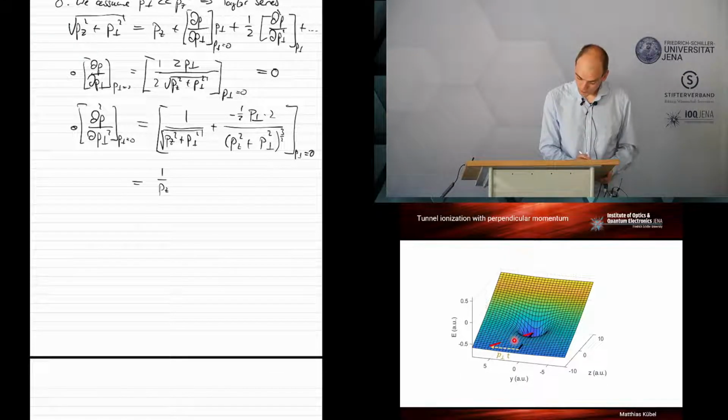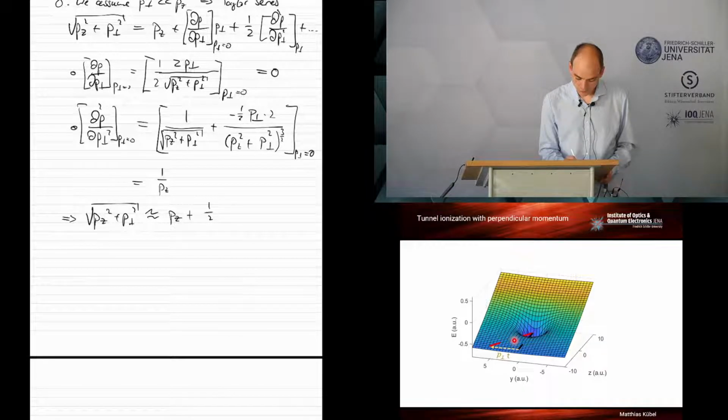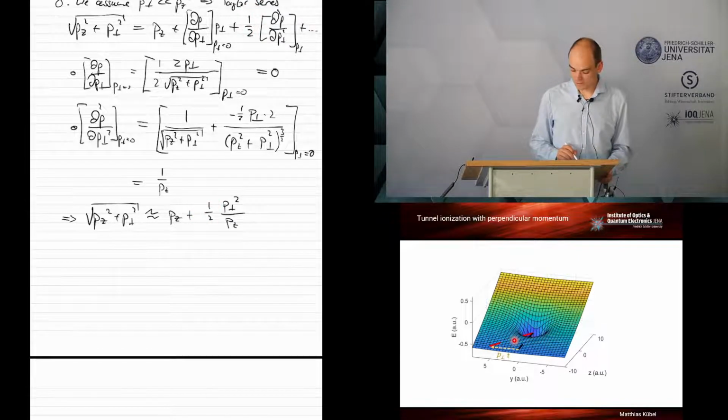So we find that we can write the square root of pz squared plus p perpendicular squared as pz plus 1 over 2 p perpendicular squared divided by pz. This 1/2 is that 1/2 here.